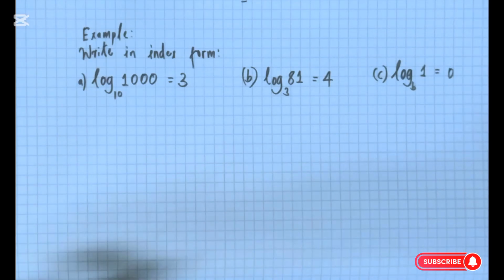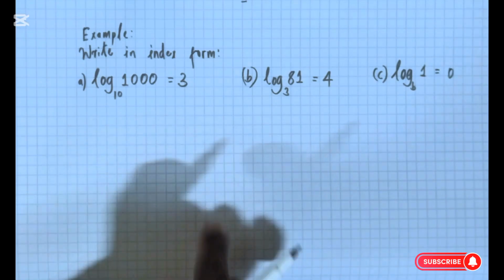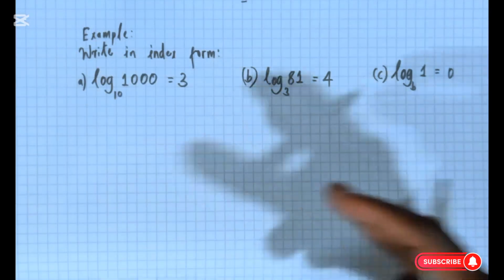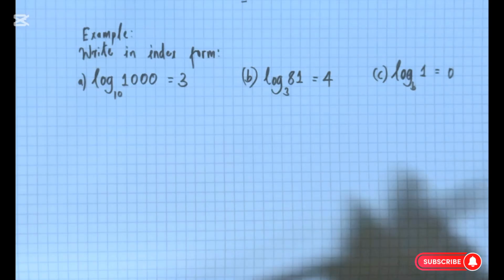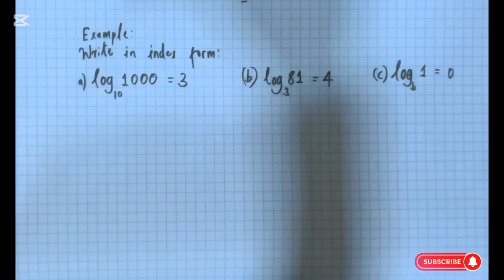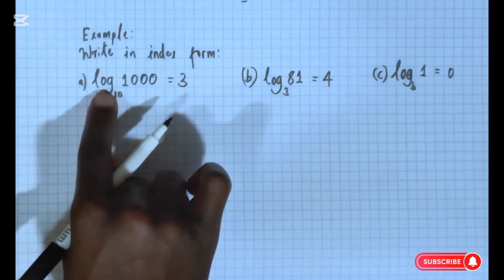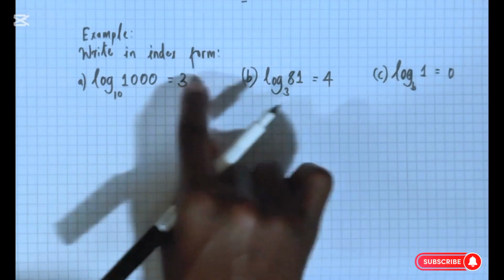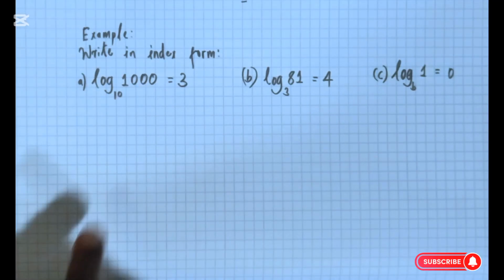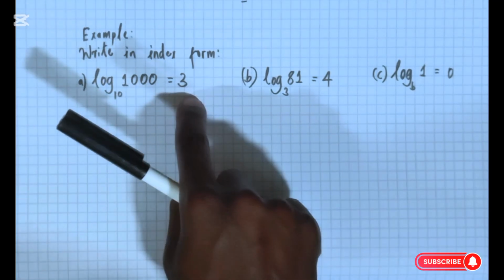Awesome. For our last example, we have been told to write in index form. We have 3 logarithmic notations, A, B, and C, and we are going to attempt to write these 3 in index form. So how we read this would be, the log of 1000 to the base of 10 is 3.